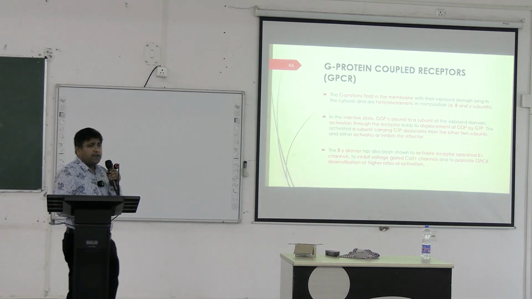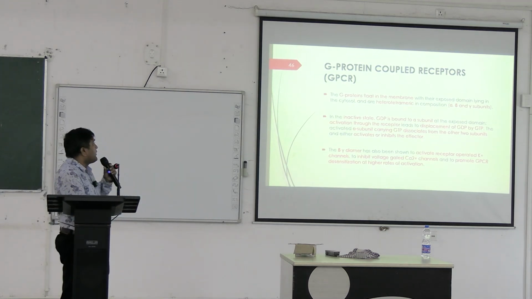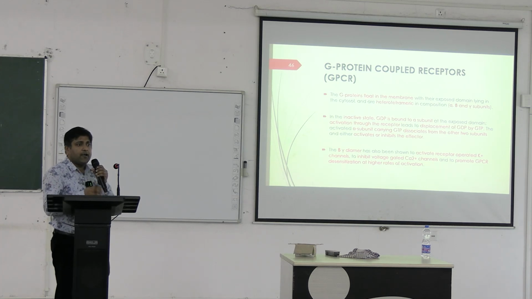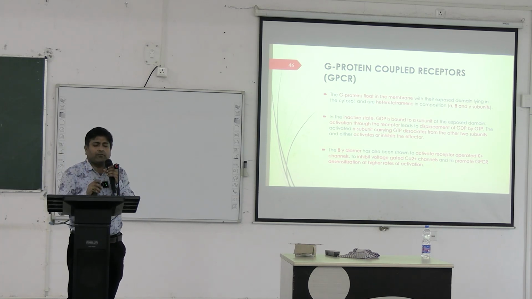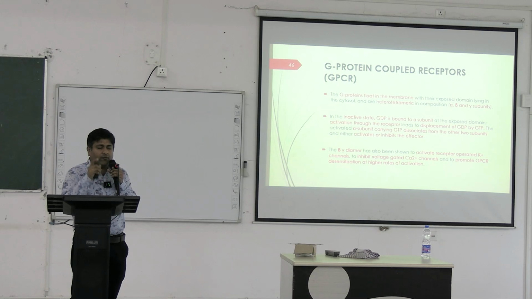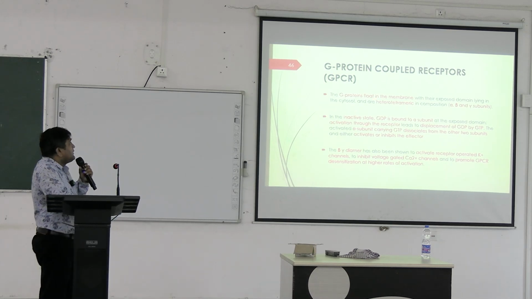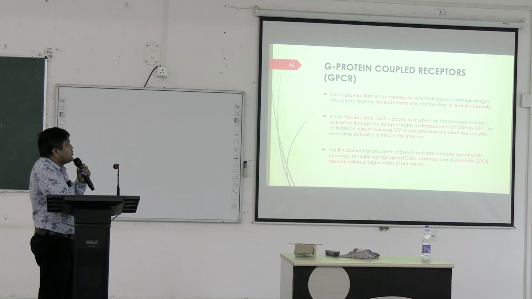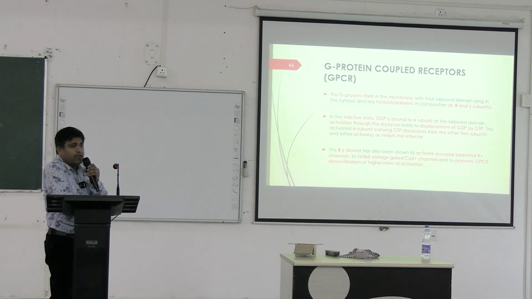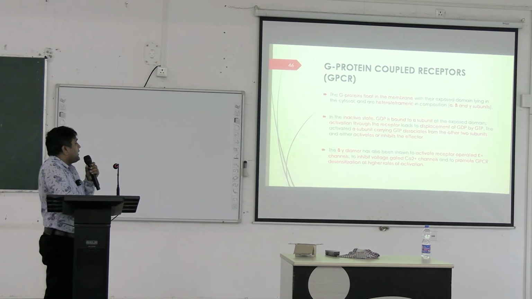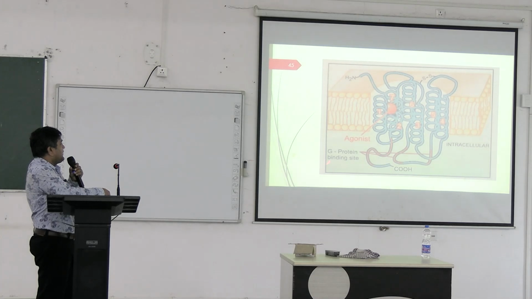The G proteins float in the membrane. They are basically tetrameric, formed by alpha, beta and gamma subunits. So, they float in the membrane with their exposed domain lying in the cytosol that remains bound to the G protein binding site.